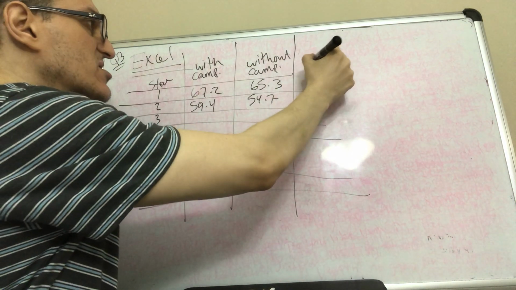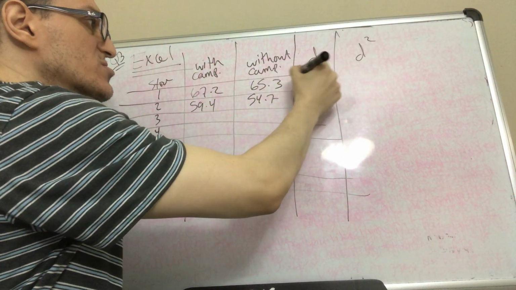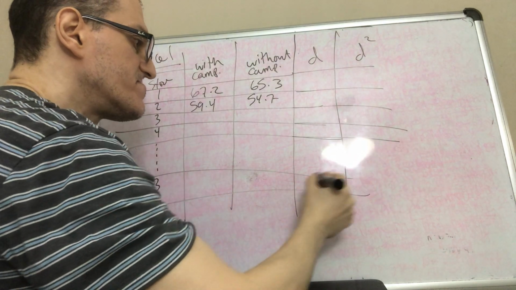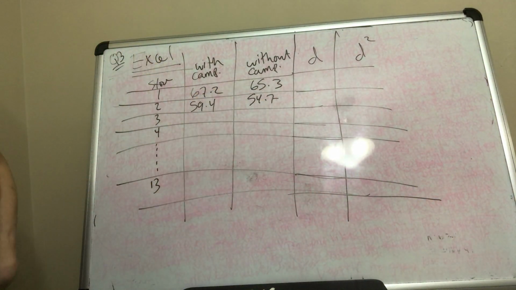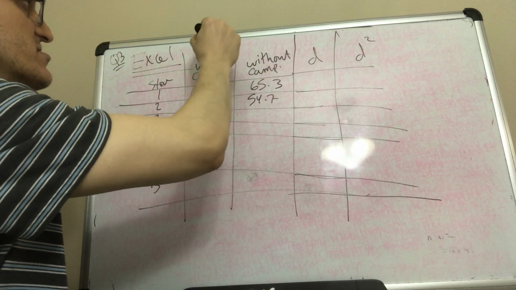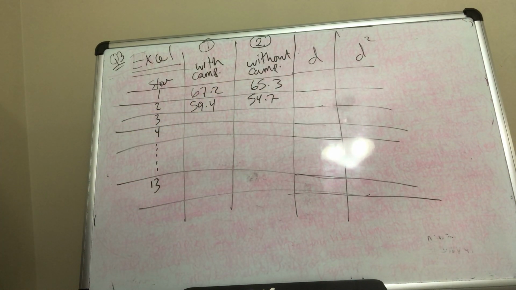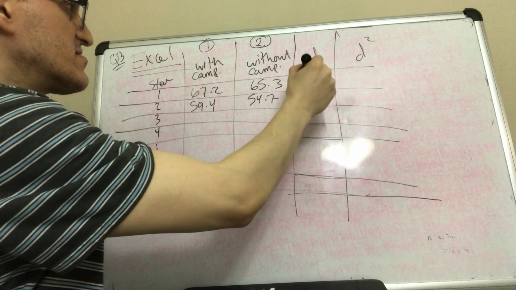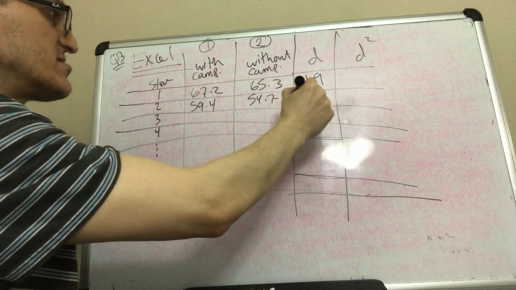You're gonna add a column called D and a column called D squared. D would be the difference between them. So if you take this minus this, this would be considered group 1, this is group 2. So you take the difference between them, this minus this 1.9. And this minus this 4.7.